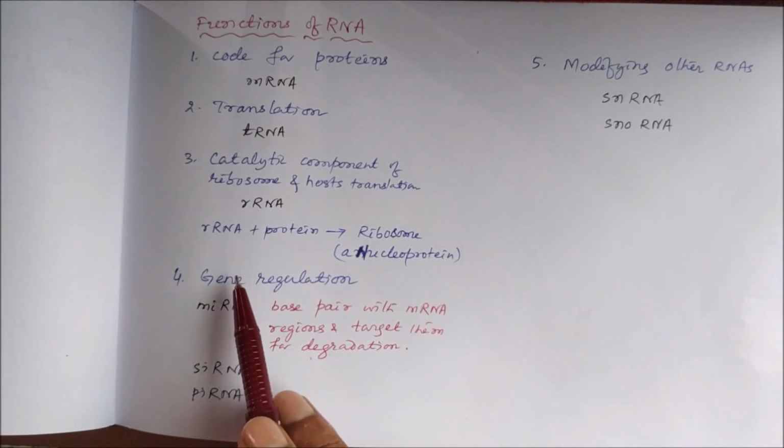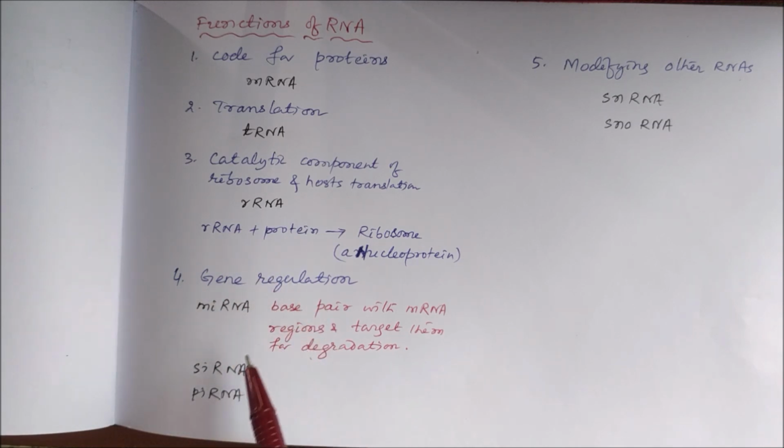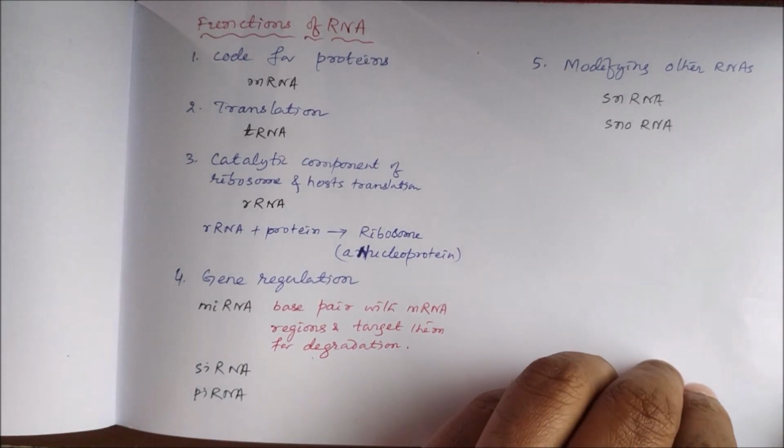In addition to that, we have RNAs which regulate gene expression. MicroRNA, siRNA, small interfering RNA, piRNA, these are all examples which regulate gene expression. Let us see microRNA as one example. What it actually does is base pair with messenger RNA regions and target them for degradation.